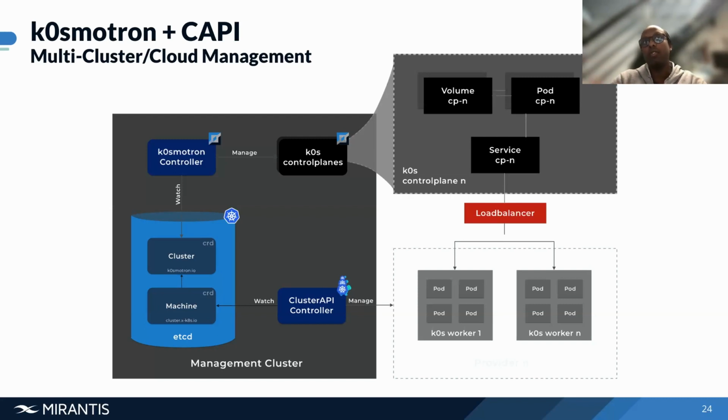So you want to centralize everything and manage it in an easy way in that management cluster or mothership, right? And you can do all of that using APIs, or using YAML files to control everything in terms of deployment, scaling, updates and upgrades. Because under the hood, you have these controllers, the k0smotron controller and the Cluster API controller, right?